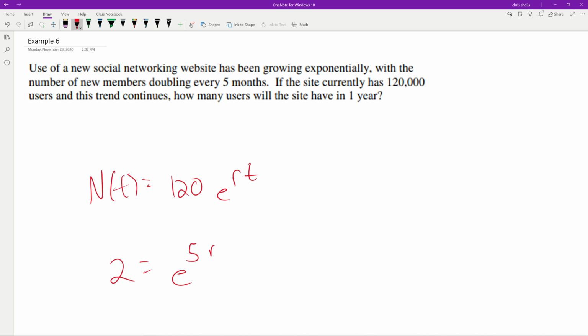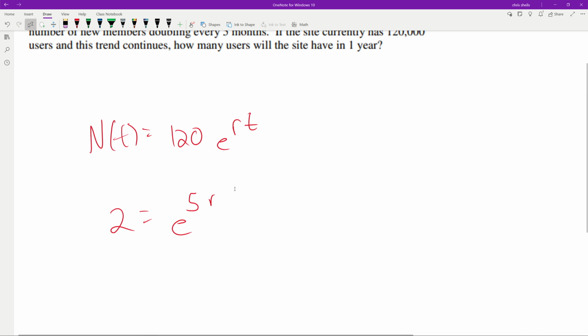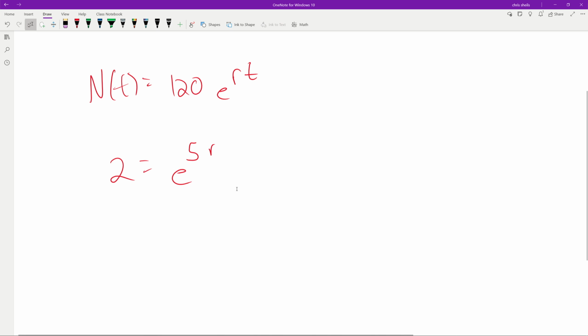Right, this is my doubling time equation here. This will let me find my growth rate. And then I can find how many users the site will have in 1 year.